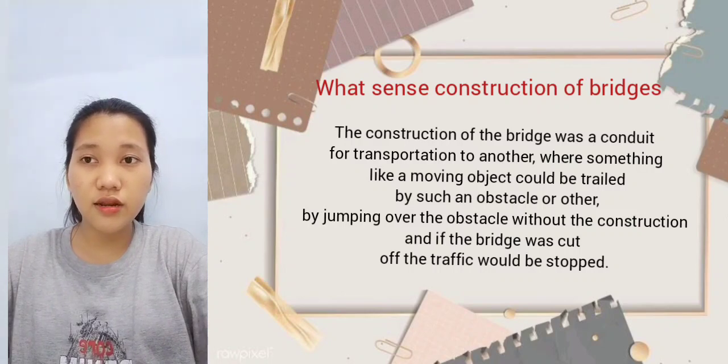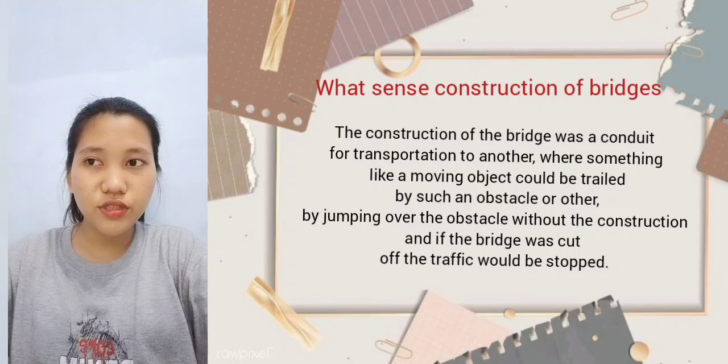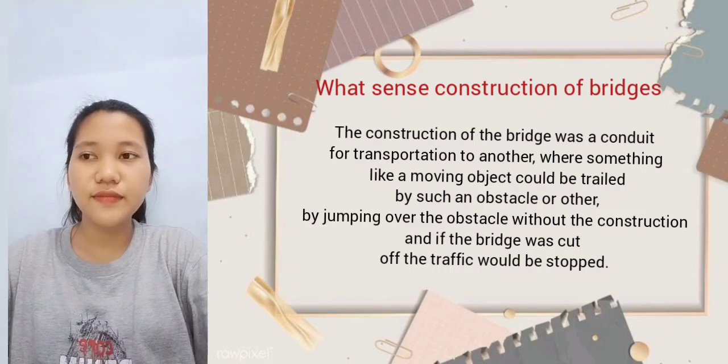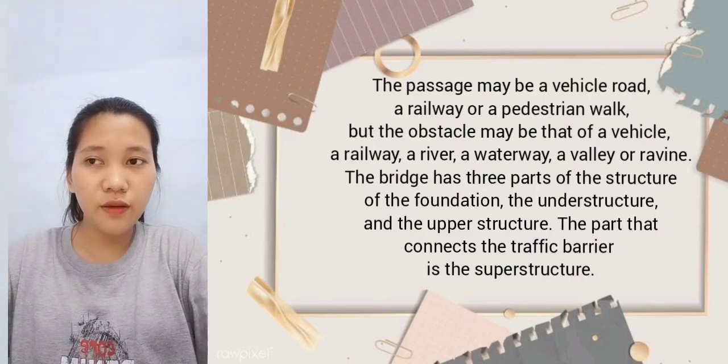By jumping over the obstacle, without the construction, if the bridge was cut off, the traffic would be stopped. The passage may be a road, a railway, or a pedestrian walk, but the obstacle may be a road, a railway, a river, a waterway, a valley, or a ravine.